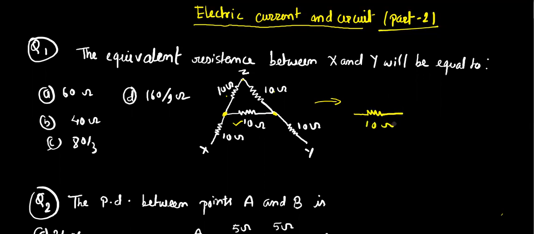this is 10 ohm and this is the X terminal, and then after that we are here, so from here there are two branches.